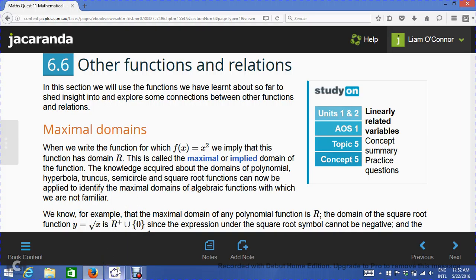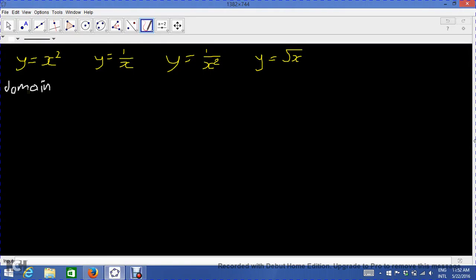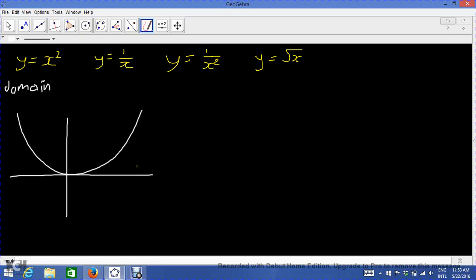Okay, to start with, a bit of a refresher. So we've got y equals x squared. What's the maximum domain for y equals x squared? Well, if you think about it, we've got a set of axes. Here's our x squared graph. It goes this way to negative infinity, and then it goes this way to positive infinity.